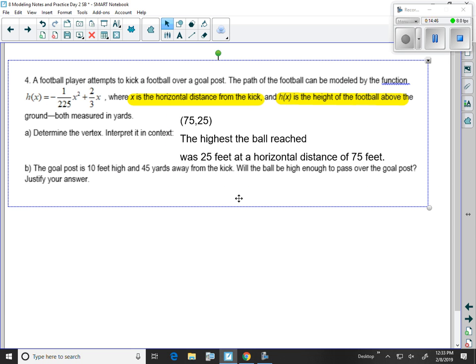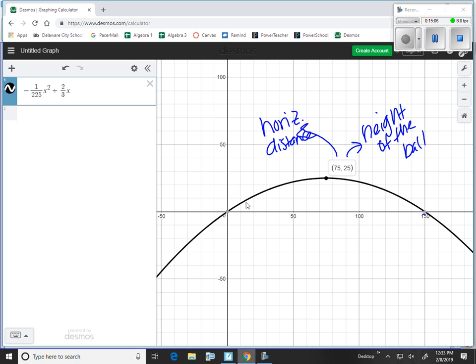The goalpost is 10 feet high and 45 yards away from the kick. Will the ball be high enough to pass over the goalpost? If it's 10 feet high and 45 yards away, will it be tall enough? Wait. The 10 feet high one is the one? Hold on.